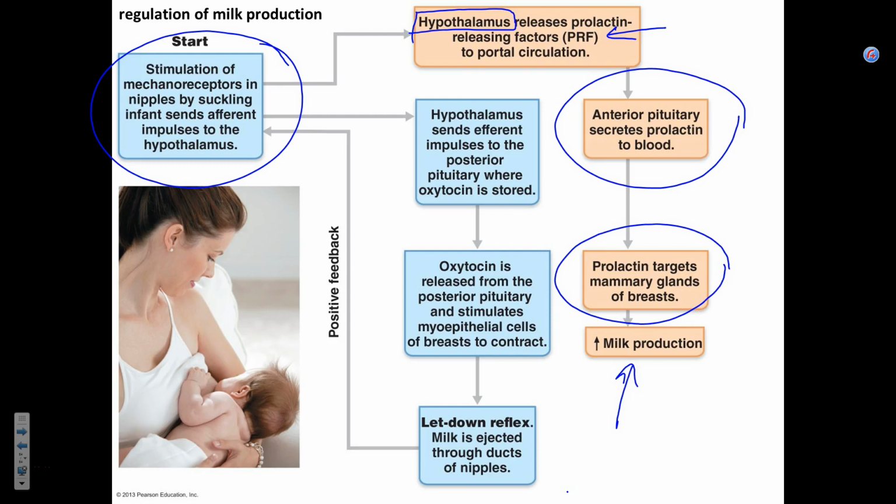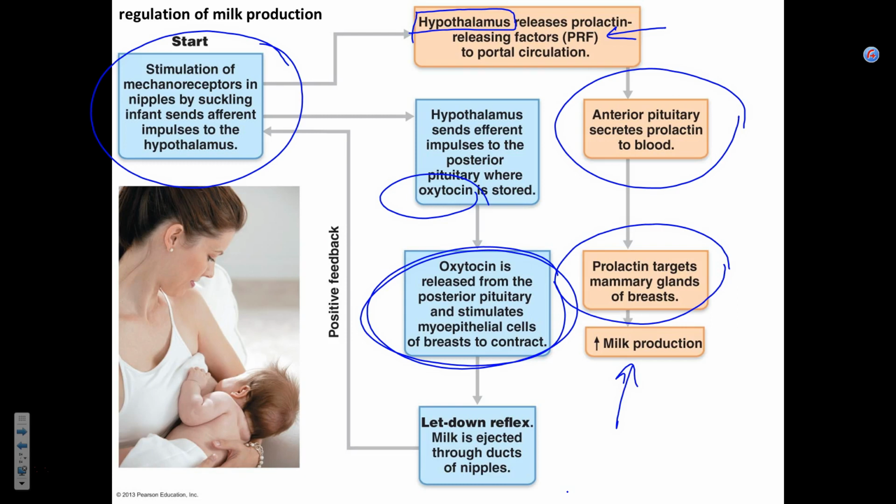Because while mammary glands will be producing milk, it still has to be moved through the lactiferous ducts to the nipples. The hormone that is responsible for that movement is oxytocin. So suckling will also elevate the release of oxytocin from the posterior pituitary. Does that make sense?